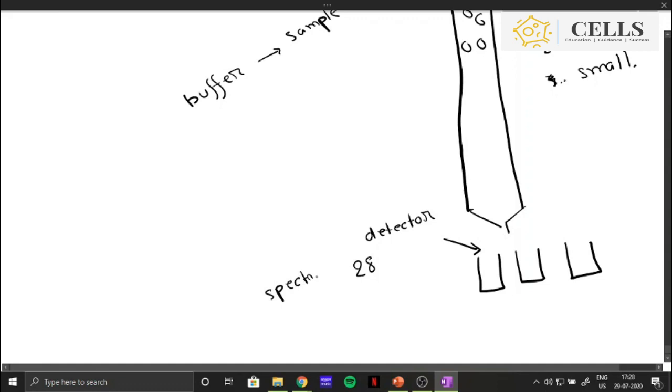The spectrophotometer uses 280 nanometer light to detect if there is protein in the elution fraction or not. So the reading that I showed you is the spectrophotometer reading only.